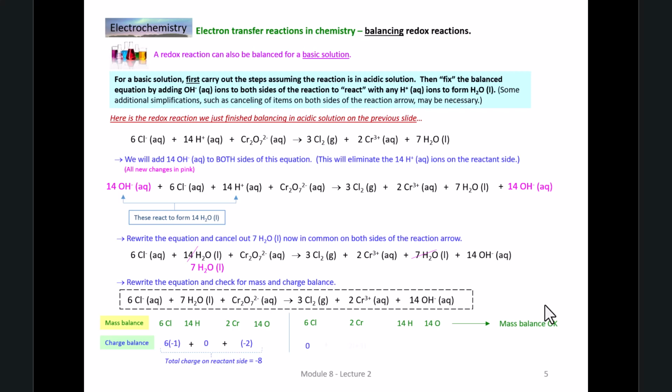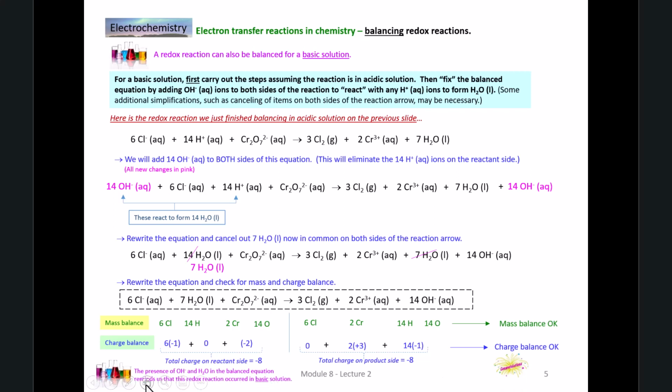We'd have 2 times a plus 3 from the chromium 3 plus, and then we have 14 negative 1s. So in total, we have a minus 8 on the right. So the charge balance is okay. So this reaction is now balanced in basic solution. So the presence of hydroxide and water in the balanced equation reminds us that this redox reaction occurred in basic solution.